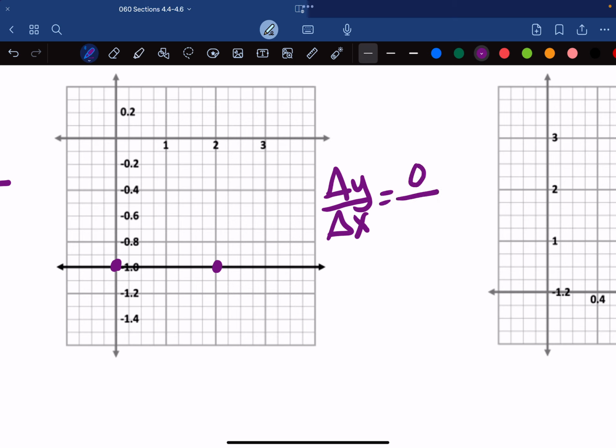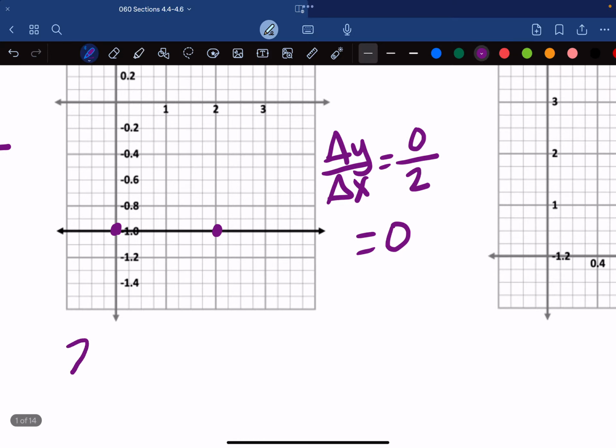So our change is 0. And our x is going from 0 to 2. And 0 divided by any number is 0. So our slope, our constant rate of change here, is 0, and this is going to be a 0 slope.